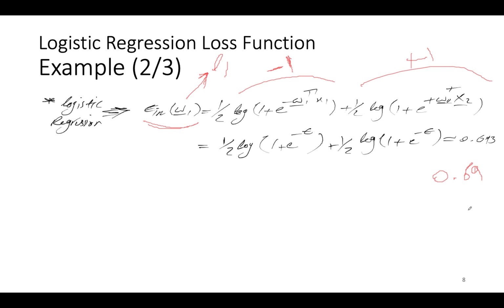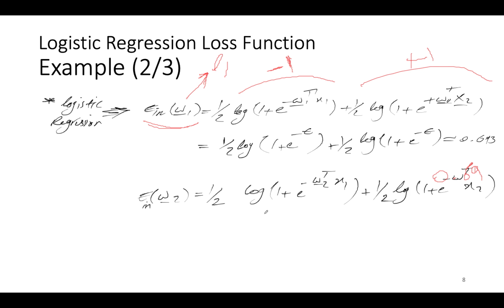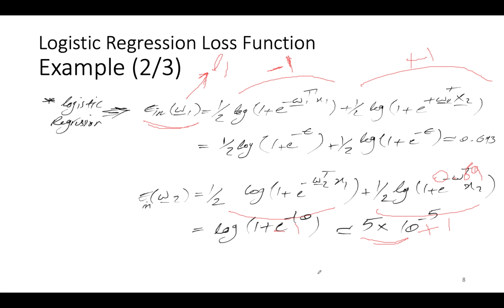So the in-sample error of W2 becomes, again, 1 over 2 of the class of minus and plus. So you see the output here is now much, much smaller, right? So using a logistic regression, we can find that W2 is clearly preferred over W1. Whereas if we were using a linear classifier, in both cases it would be equally good to us.